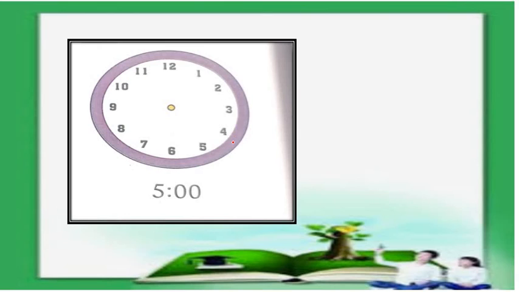Once again, draw the clock. Write numbers 1 to 12 on it. Leave some space between two numbers. The time is 5 or 5 o'clock.